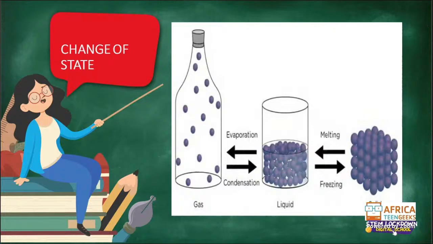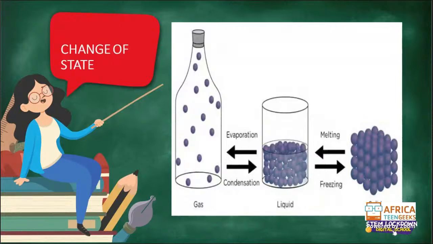So if you look at the particles of the gas, that of the liquid and that of the solid, you will be able to see the differences. So here the particles can move freely in gases, a bit free in liquid, and not at all in solid. So they vibrate within their fixed position.